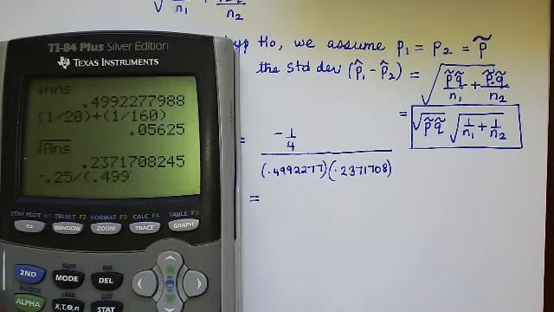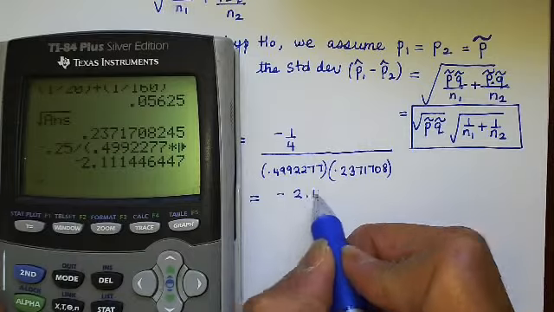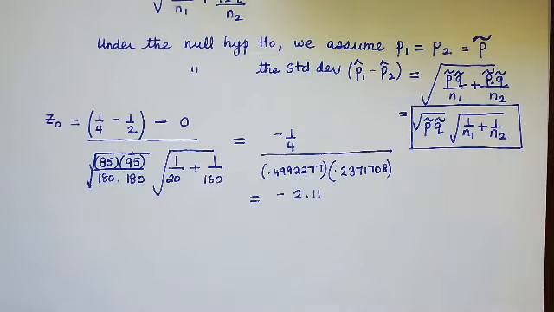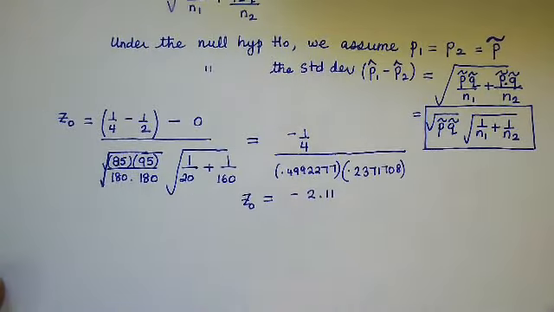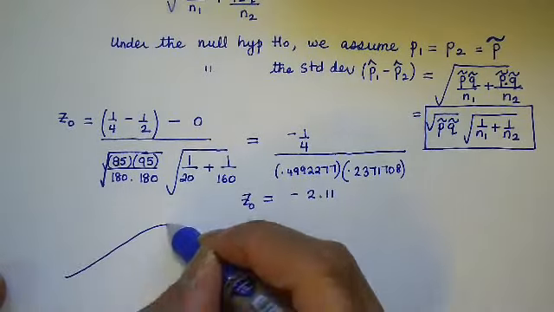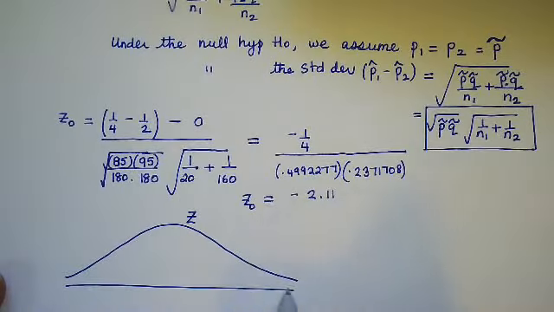Let's get this quotient. So minus 0.25 divided by 0.4992277 times the answer. I get negative 2.11. That's my test statistic, Z0.